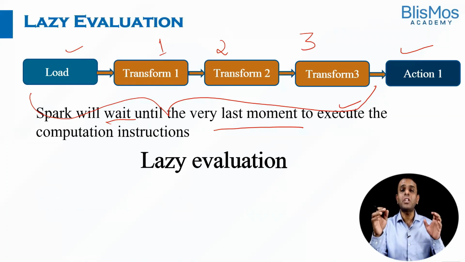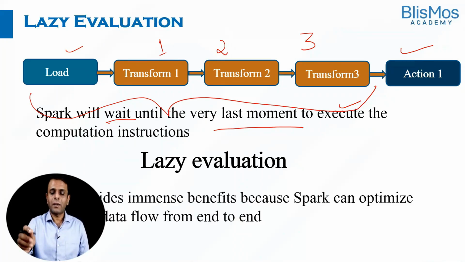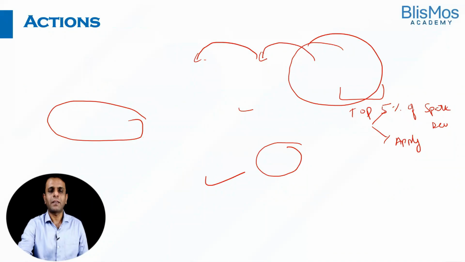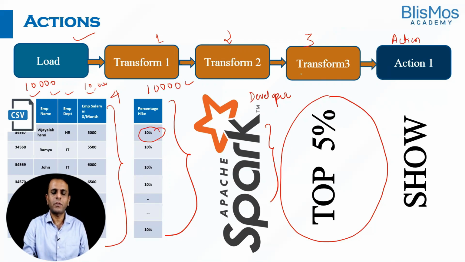This has an immense benefit, because let us take the previous example. Let us say we have some 10,000 records here. In the first transformation, we will be applying the transformation to all the 10,000 records, right? Because we need to apply a 10% hike to all the employees. Assuming that out of that we have some 1,000 developers, 5% of 1,000 is around 50, right?